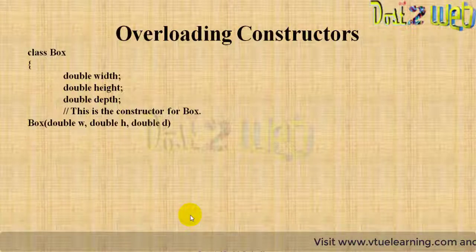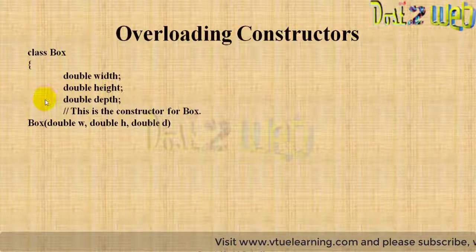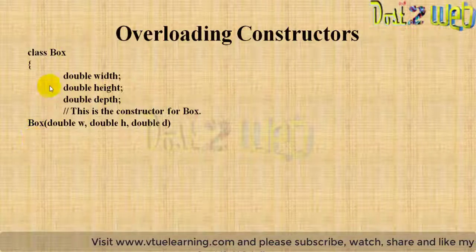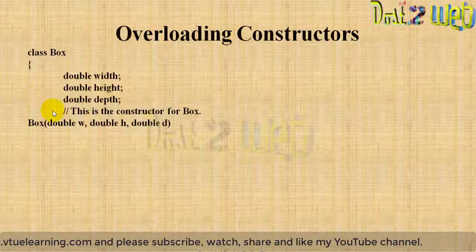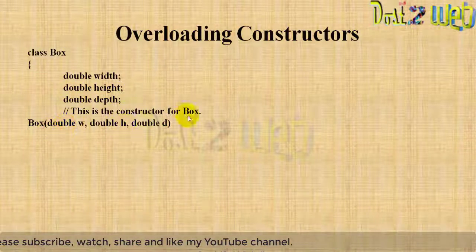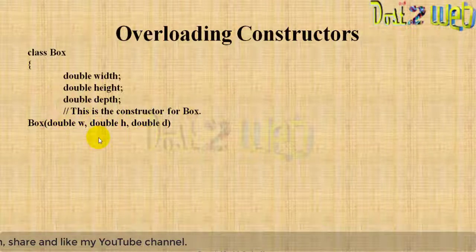It is very simple, you know very well. The only difference between the previous example and this one is that the method name and the class name are similar, so this is called your constructor. Now we are going to use overloading constructor, which means you will have many different parameters in the constructor.